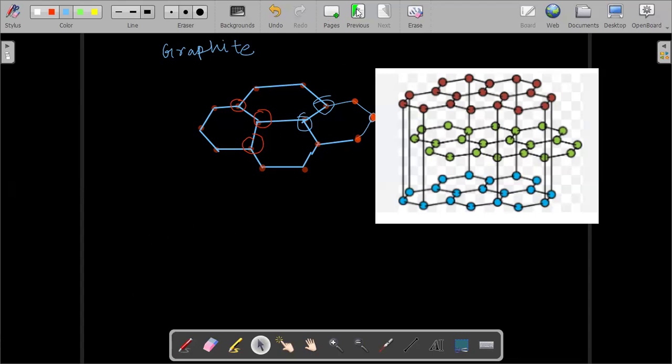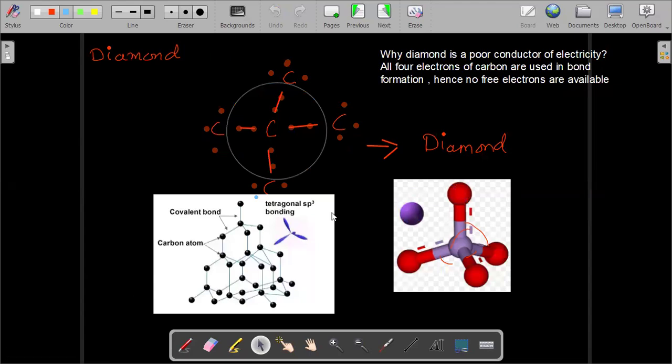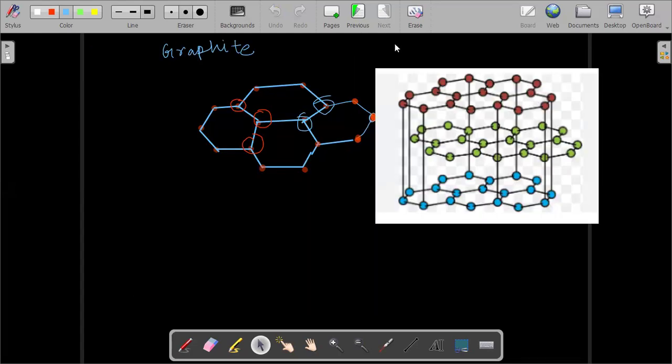Okay, see. So, Sumukh has given the answer. Rhombic sulfur and monoclinic sulfur. They are the names of allotropes of sulfur.